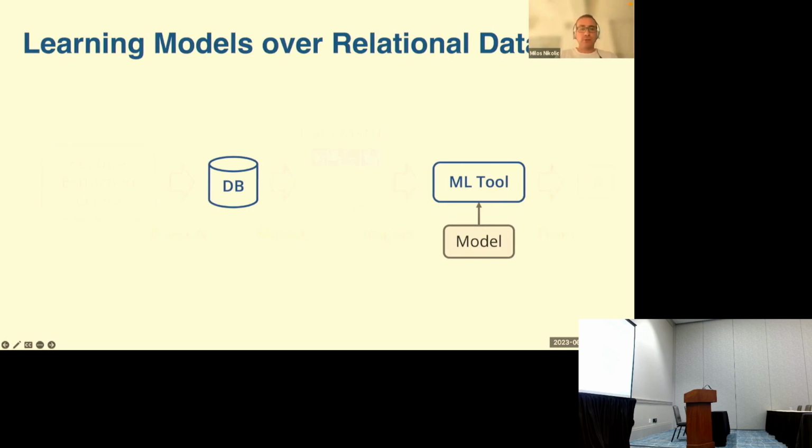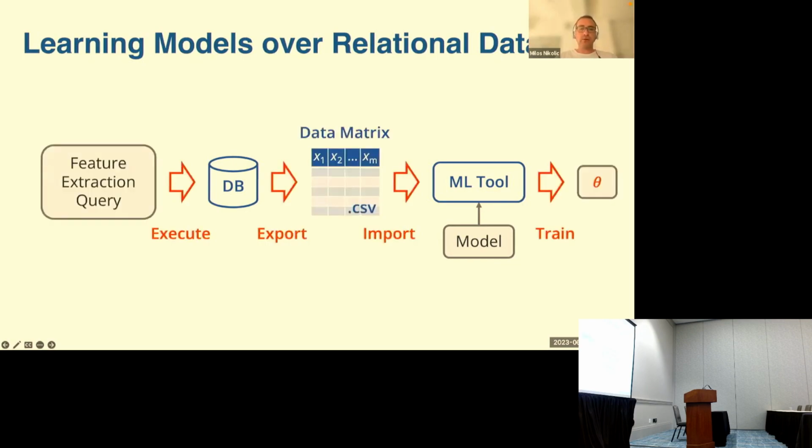We would first compute the training dataset using a so-called feature extraction query, which joins together different relations in the input dataset and possibly throws away some irrelevant columns or maybe adds new columns that represent some aggregated features. Now, this training dataset tends to be orders of magnitude larger than the original database. This bloated dataset is then exported from the database and imported into a machine learning tool, which then produces the model we want.